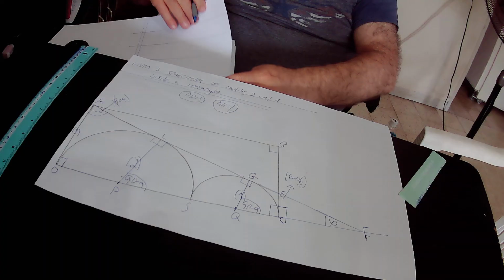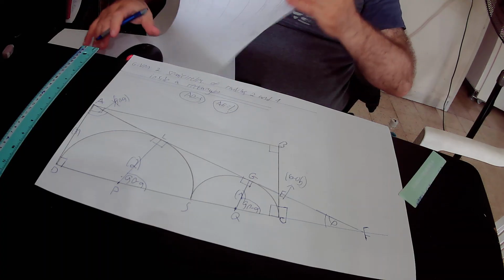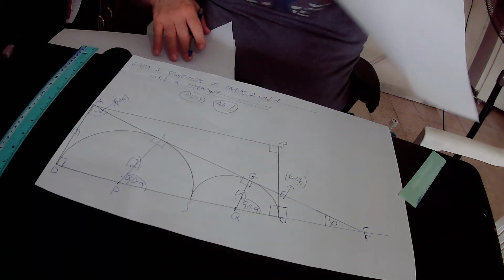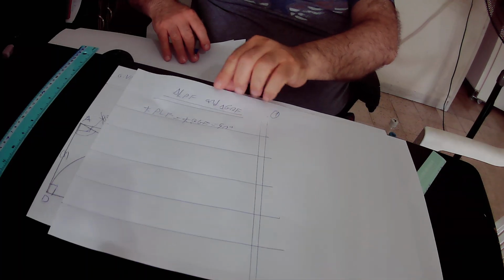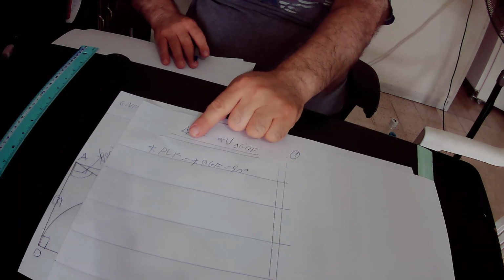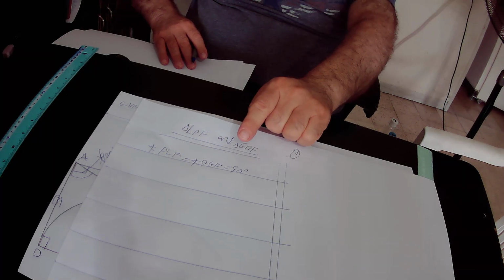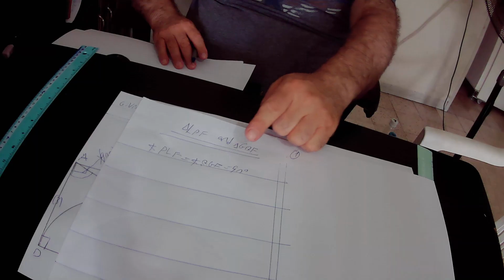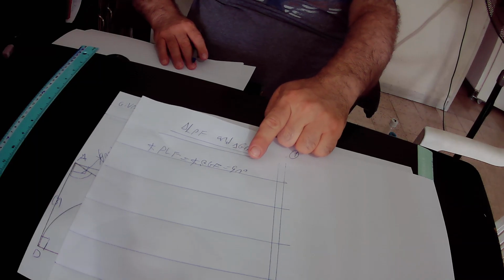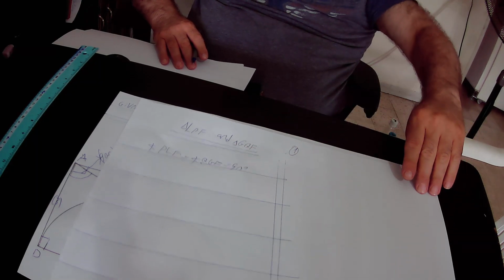So to repeat again, we found out that angle PLF in the big right triangle LPF equals angle QGF in the small right triangle GQF. They are both equal to 90 degrees, therefore they are equal to each other.